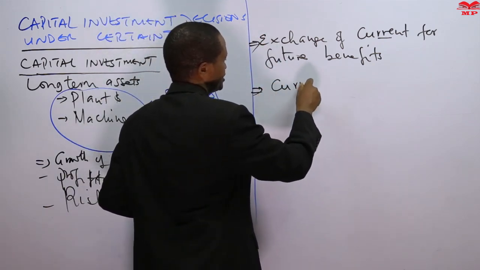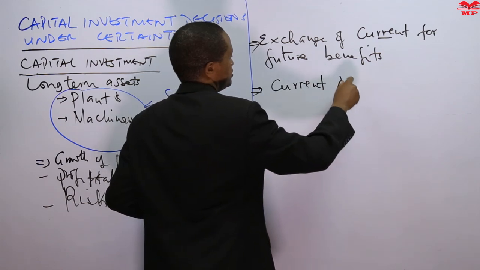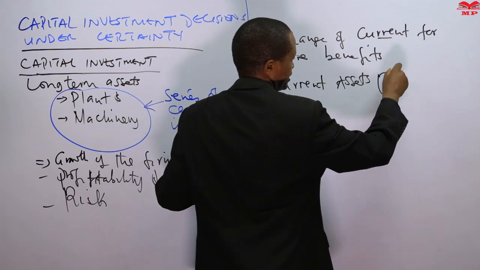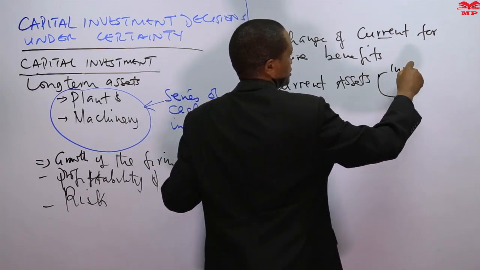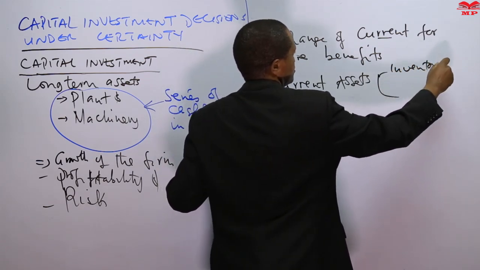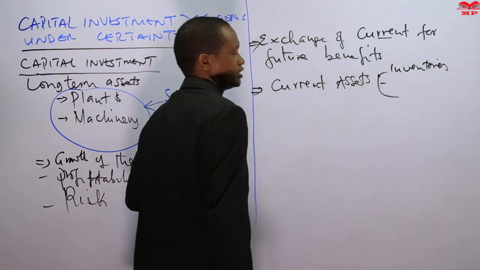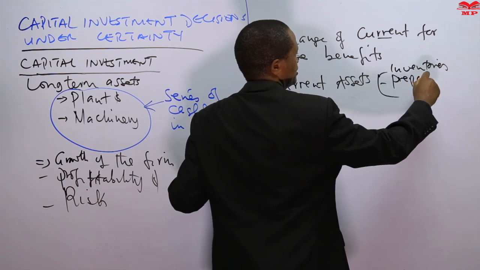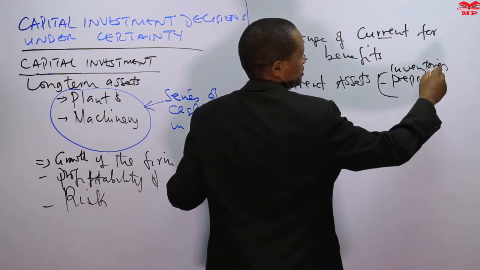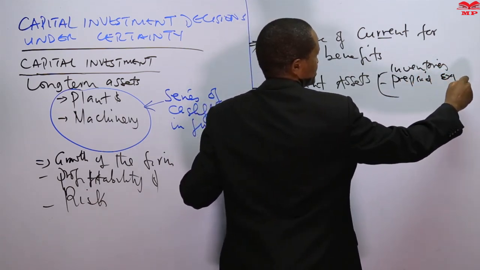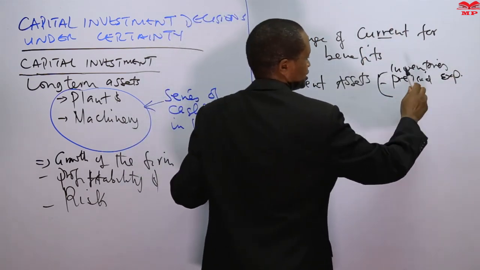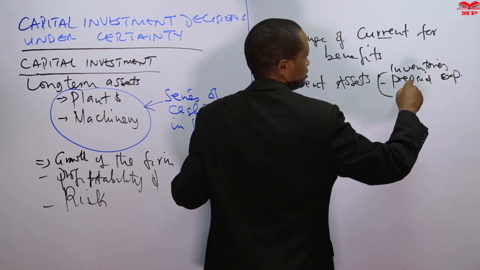You have current assets, which involve assets like inventories, prepaid expenses, or debtors.